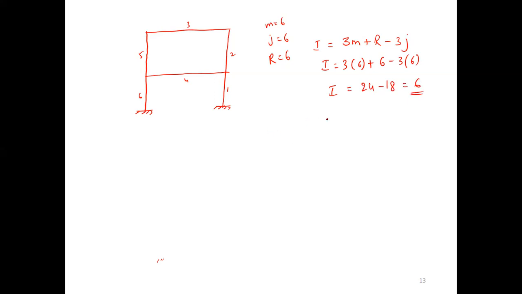Now verify what is the external indeterminacy. That is r minus 3. So 6 minus 3, 3. What is internal indeterminacy? Total indeterminacy minus external. 6 minus 3. Therefore, the answer is 3.